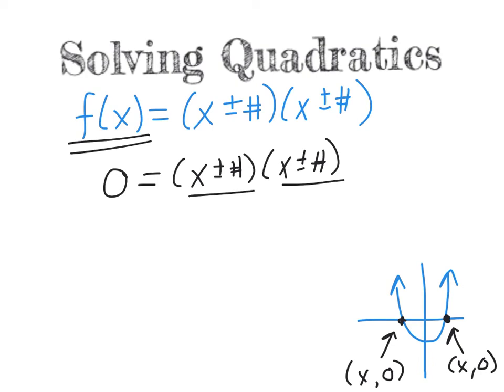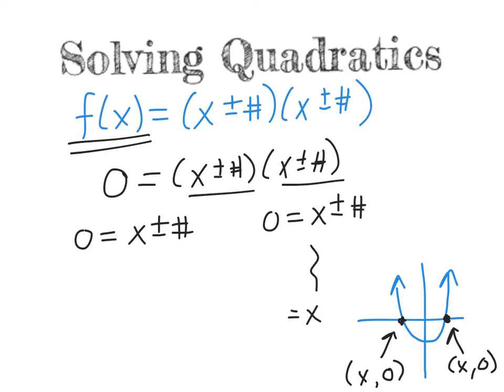So we did the first one equal to 0, and then we also did the second one equal to 0. And then we just solved for x for both scenarios. And that's how we found our x-intercepts.